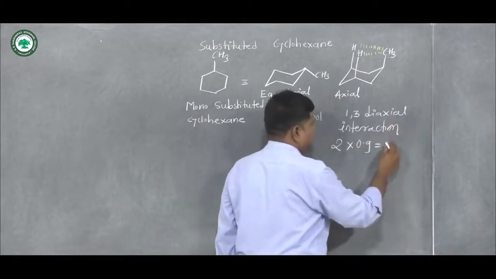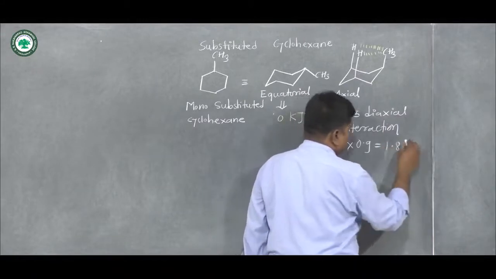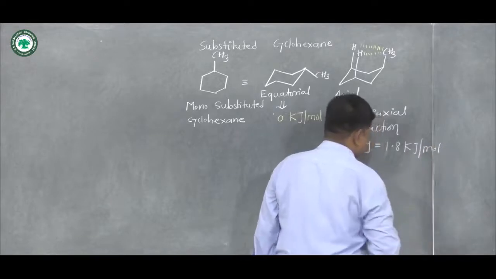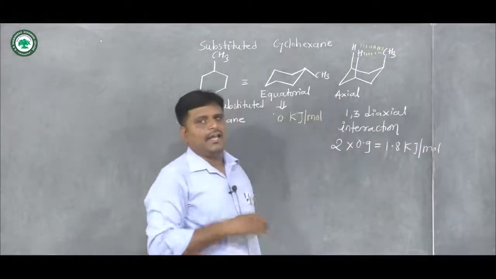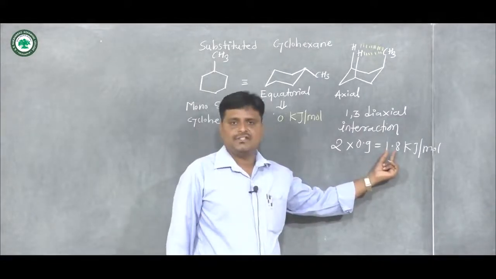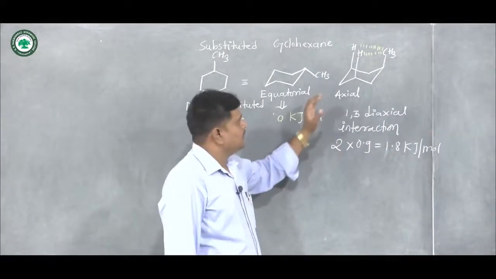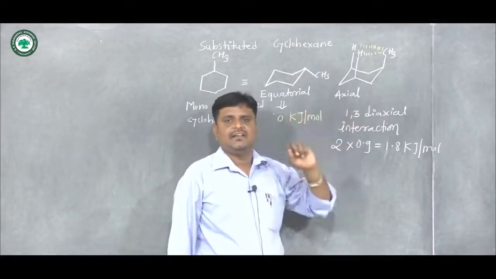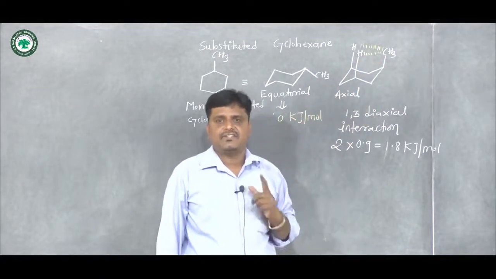So here we have 1.8 kilojoule per mole energy. So the energy of cyclohexane increased by 1.8 kilojoule in the conformation having the methyl at the axial position.